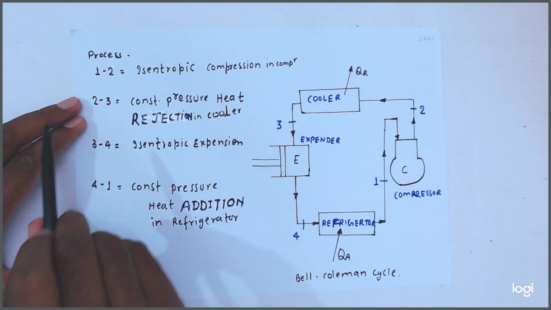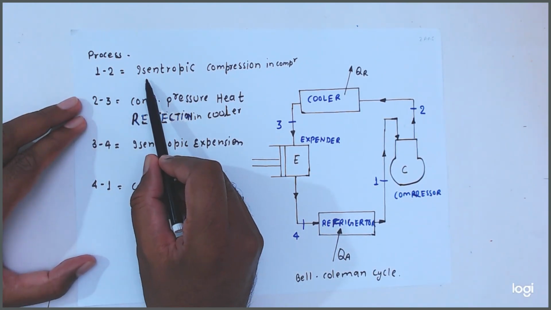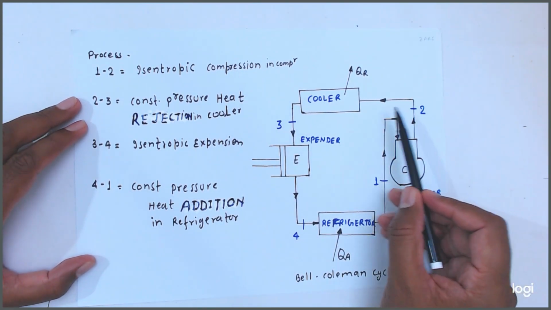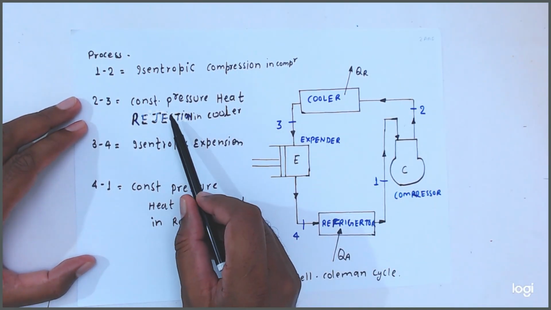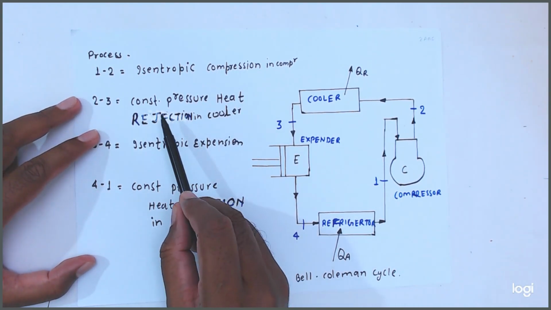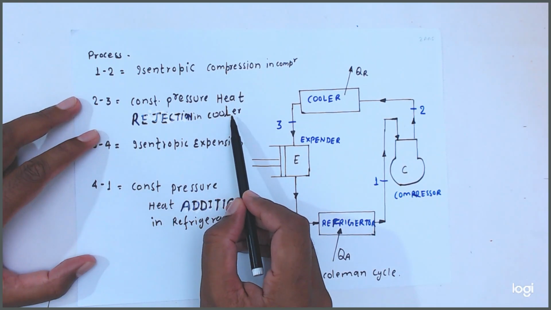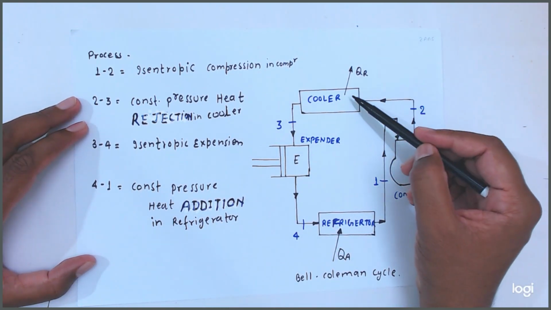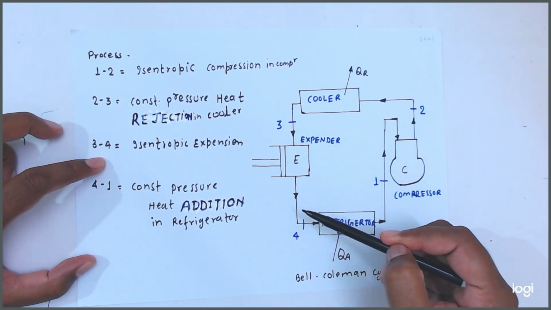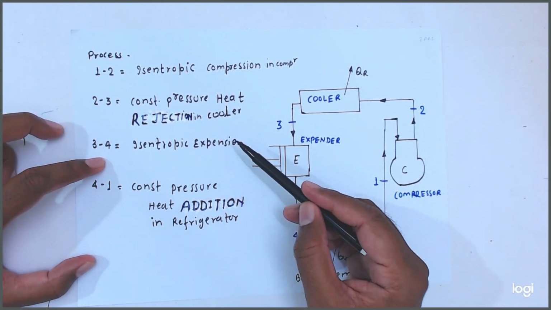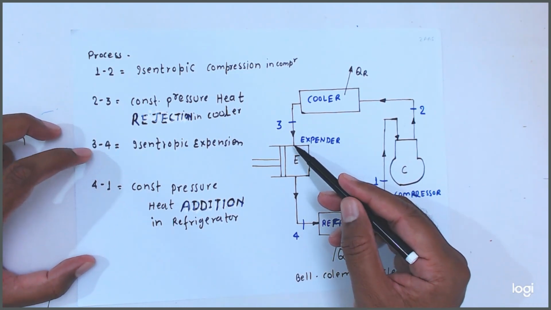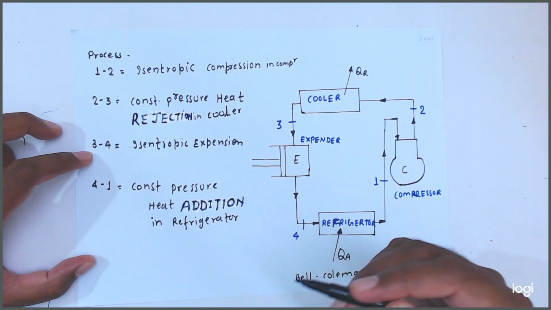Getting, friends? So process 1 to 2 is an isentropic process in the compressor. Process 2 to 3 is constant pressure heat rejection in the cooler, because here the heat rejection will be there. Now process 3 to 4 is isentropic expansion. Because of the expansion in the expander, the temperature of the air will go down.